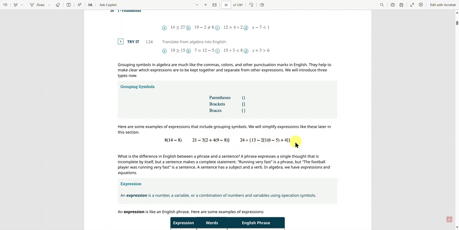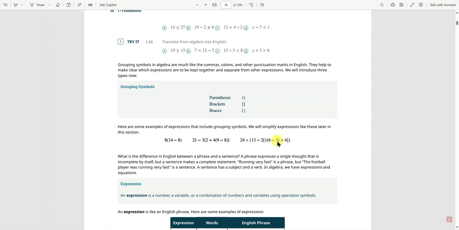And then here it gets even more complicated. We see parentheses grouping 6 minus 5 inside of brackets, and the brackets are inside of braces. And that's really how these different symbols are used. Parentheses are used first.